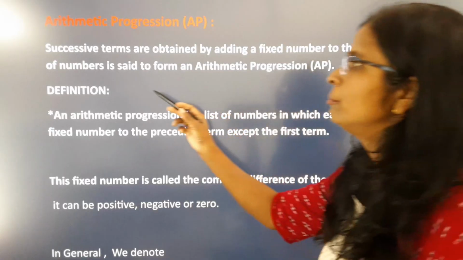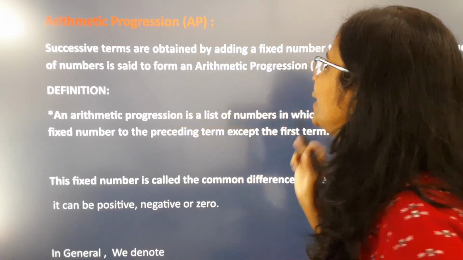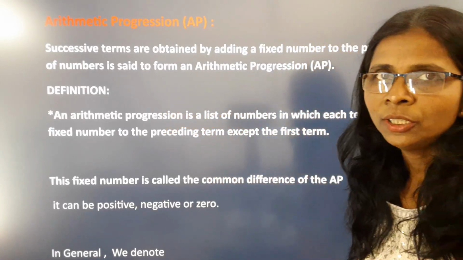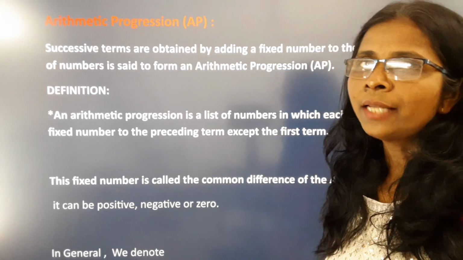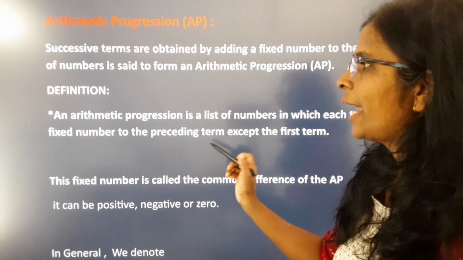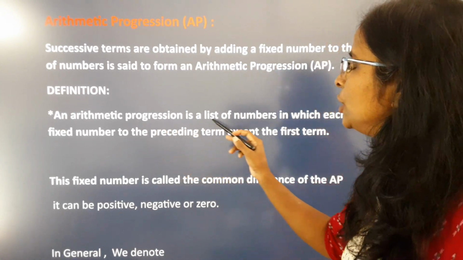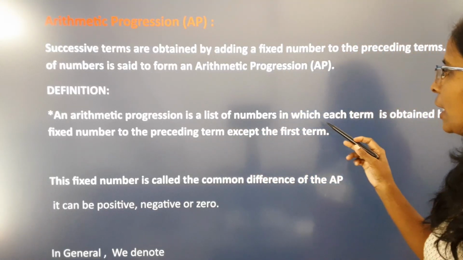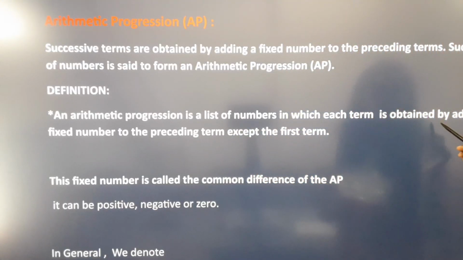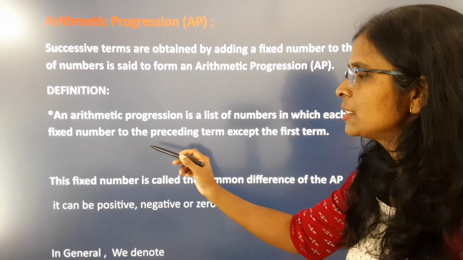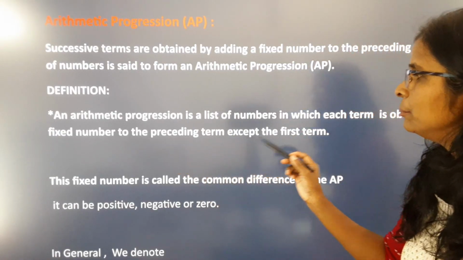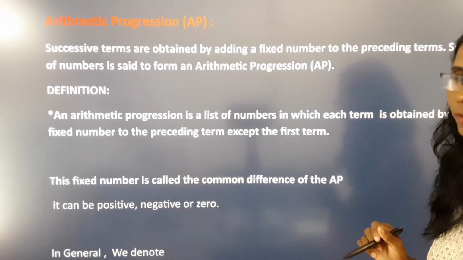Such a list of numbers is said to form an arithmetic progression. Now how can we define the arithmetic progression? An arithmetic progression is a list of numbers in which each term is obtained by adding a fixed number to the preceding term, except the first term.